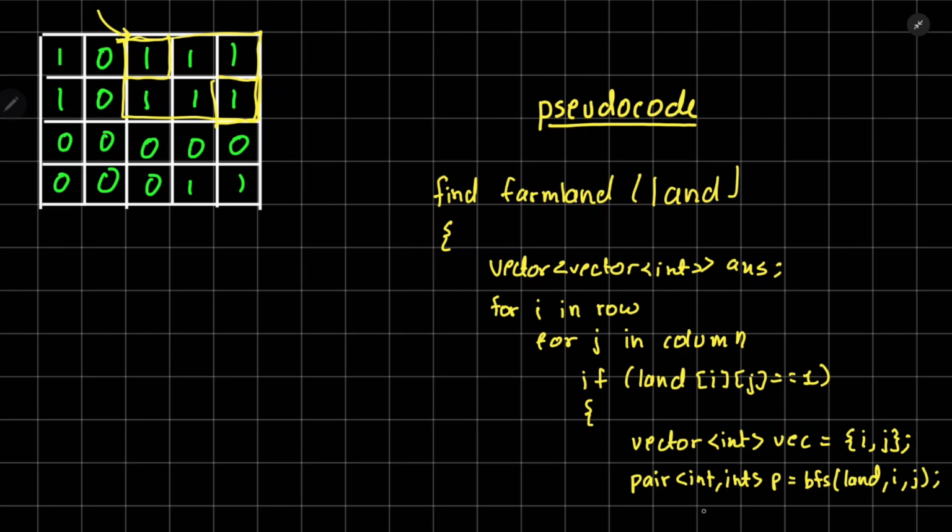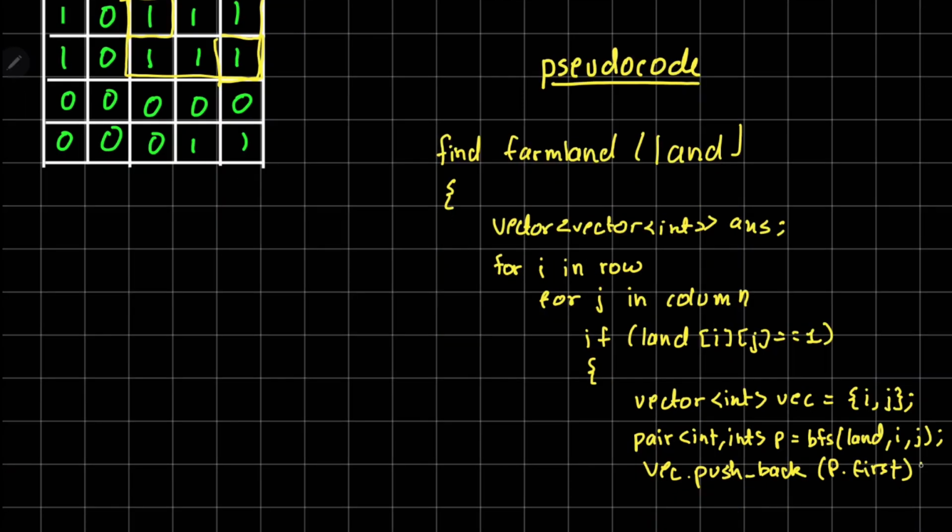Now, as we have gotten these coordinates, we have to push them to our vector. So vec dot push_back p dot first and vec dot push_back p dot second. And now finally that we have the answer for this group, we must push this answer to our answer vector.